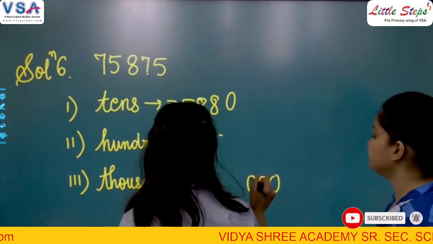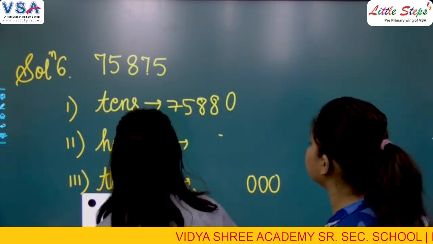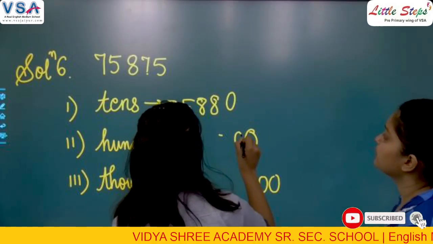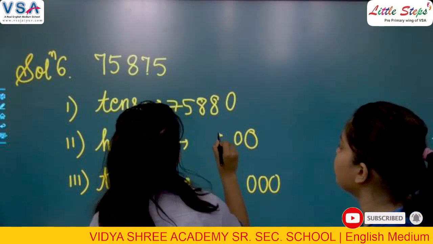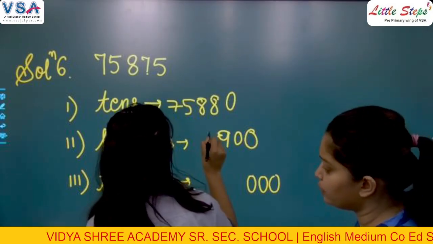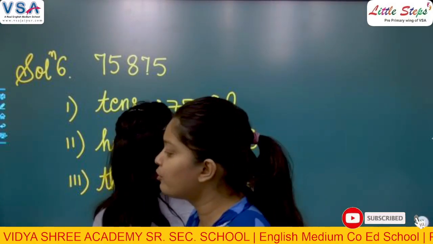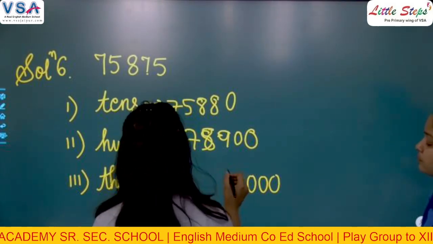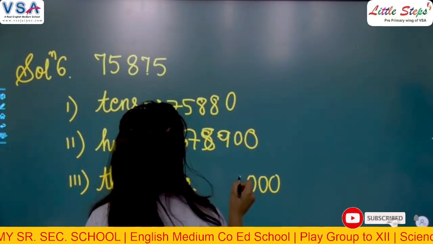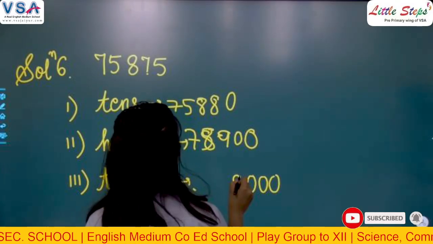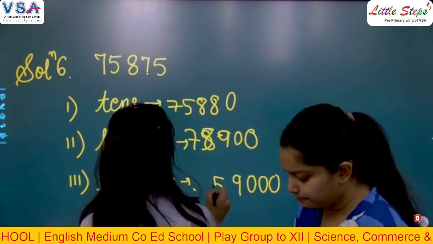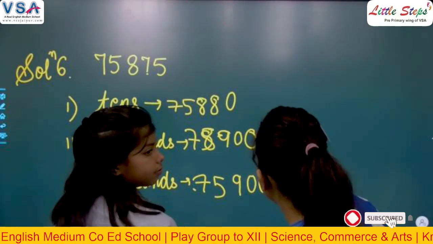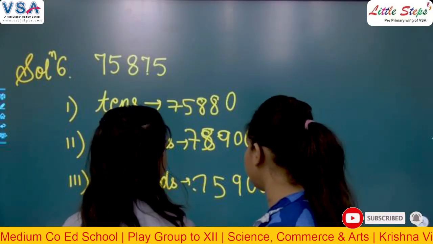Use pen. 75,900. Make it 9. Yes, good. In the last, we have to round off the number by 1000. But this is not the correct way of doing this.